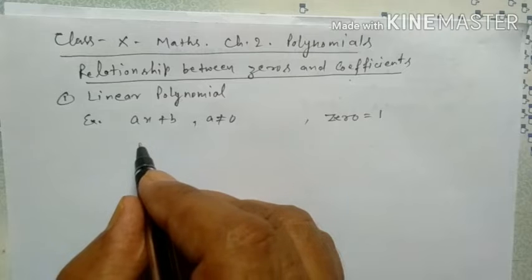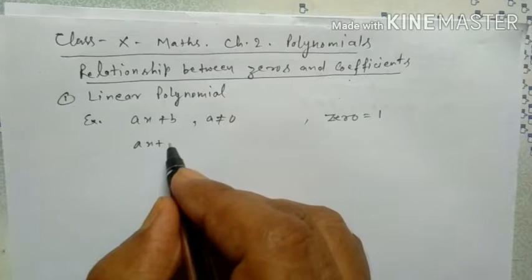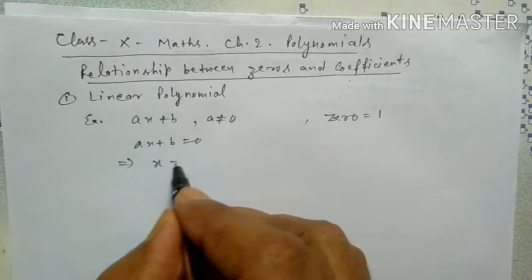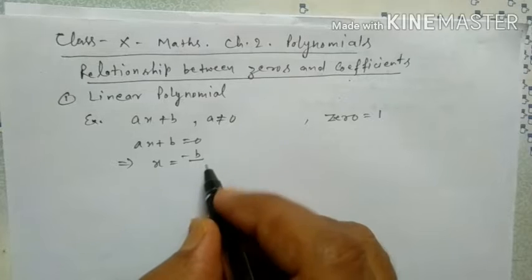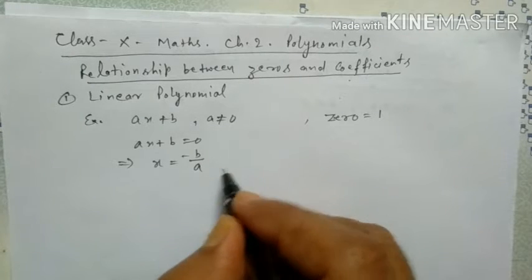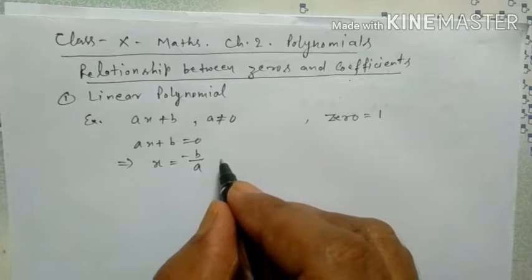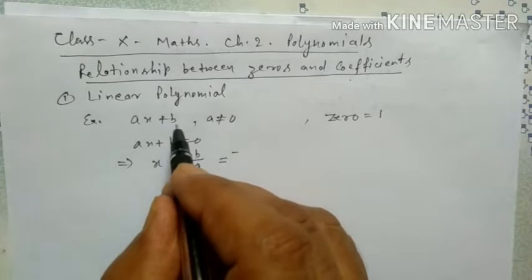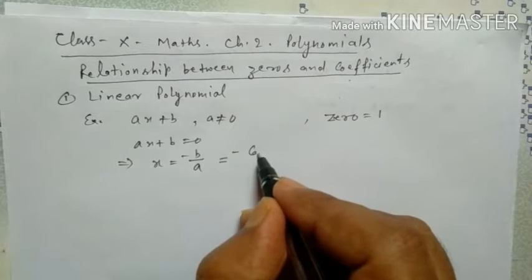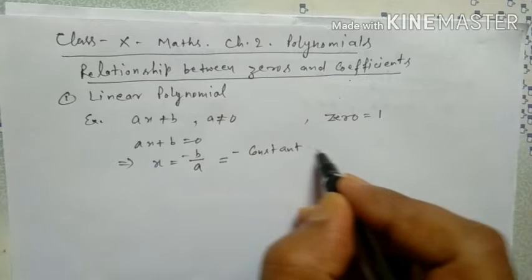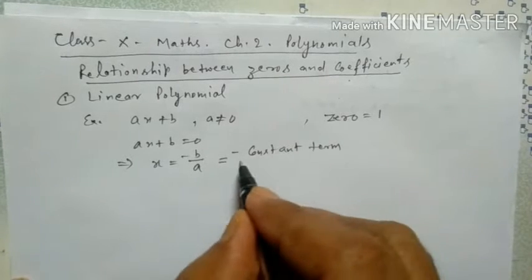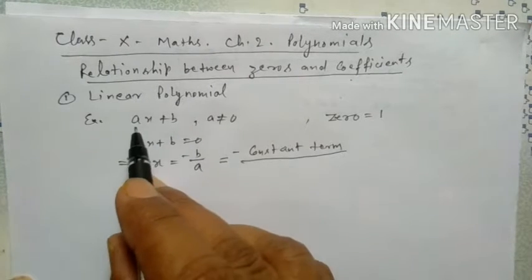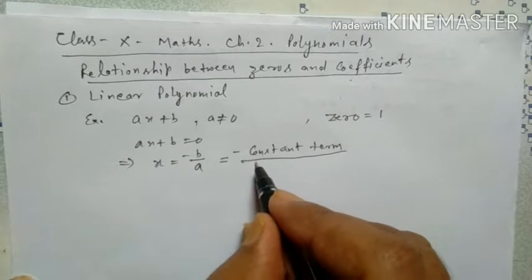Now write ax plus b equal to 0. This implies that x equals minus b by a, which is minus the constant term upon a, the coefficient of x.